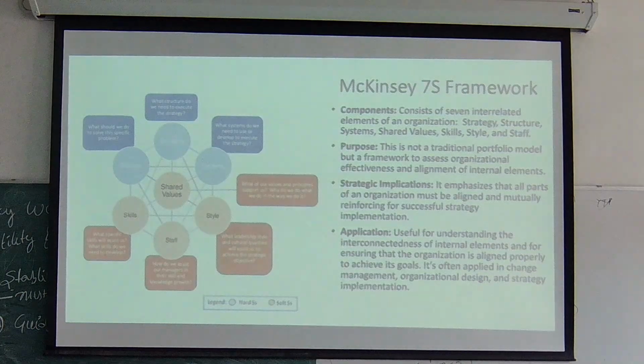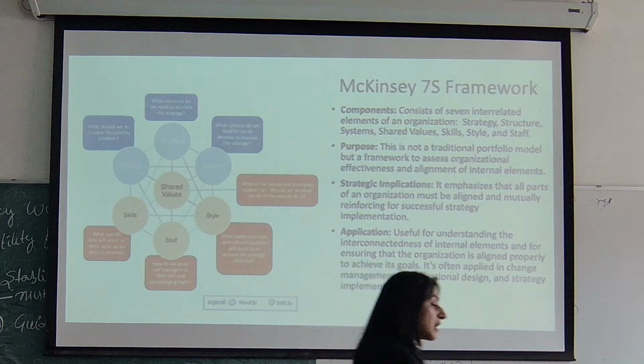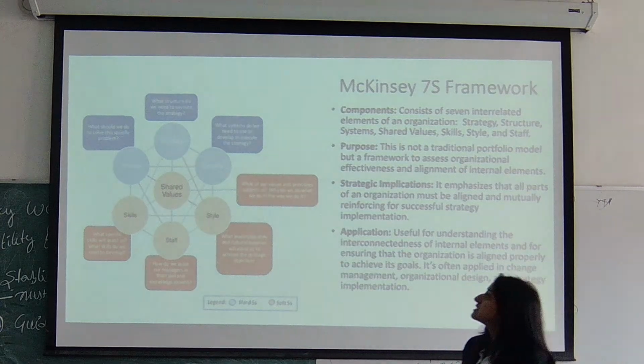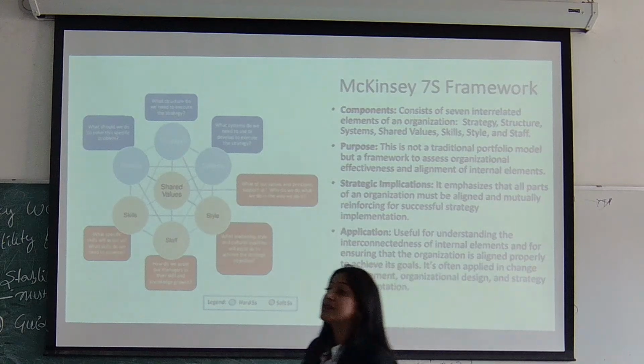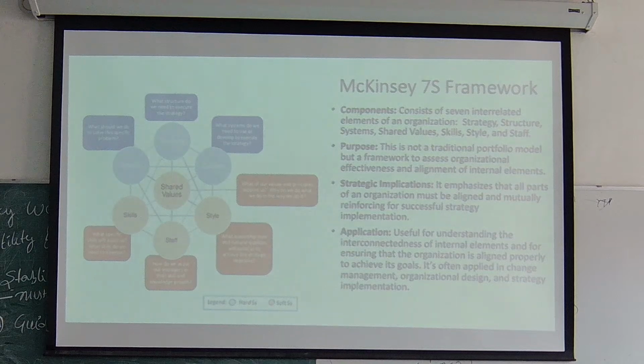Then McKinsey 7S framework, what is this? This is related to organization. You have a strategy for taking any product forward, who will execute it, who will help you in the strategy? The system of the organization, the structure, the skill set of your employees, right? And the shared values, your staff, the style in which you work, and all these, the S that they are talking about.